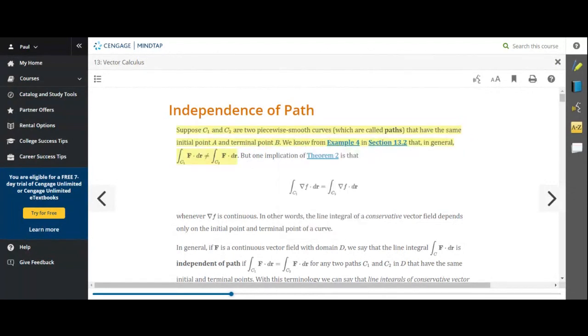Okay, what are the implications of this fundamental theorem of line integrals?